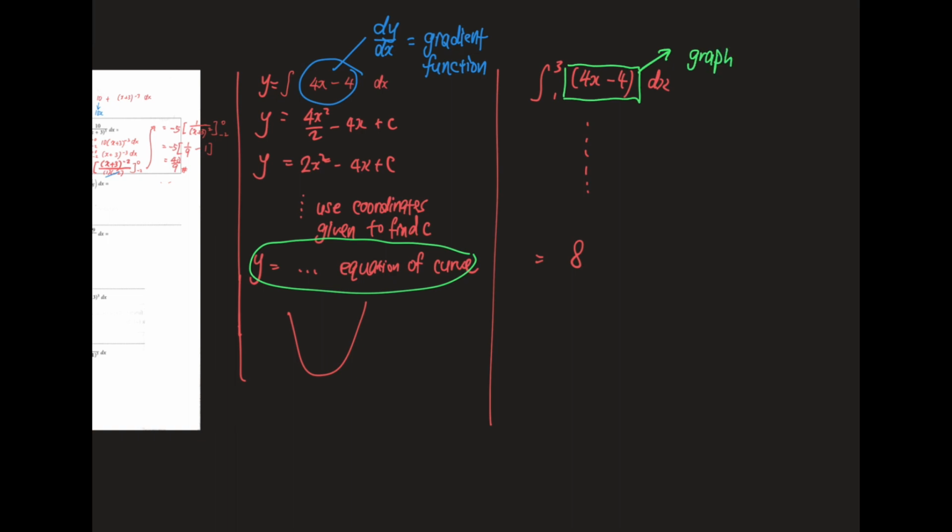You can call it gradient function or graph, it's up to you, but calling it graph will be more suitable. So 4x minus 4 is a graph. 8 is the area under the graph from x equal to 1 to x equal to 3.